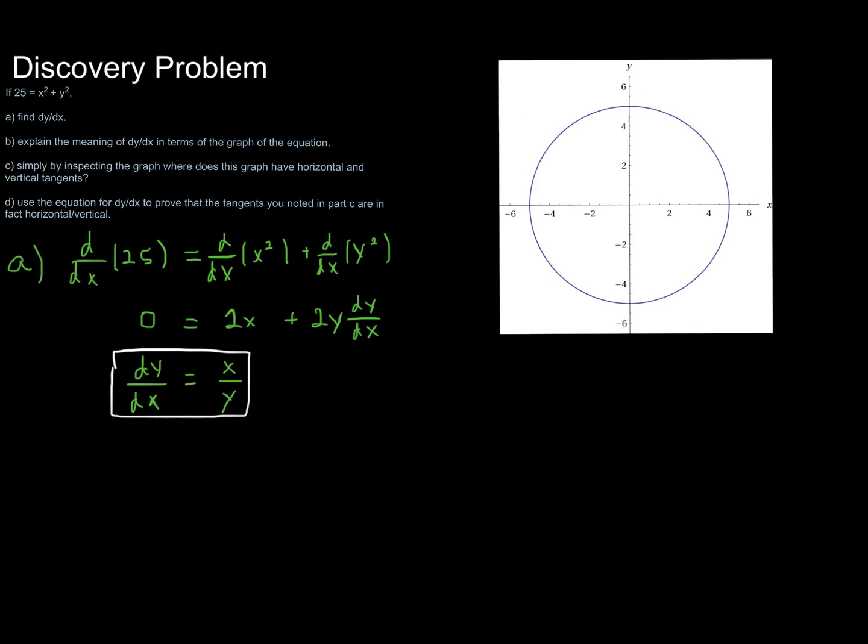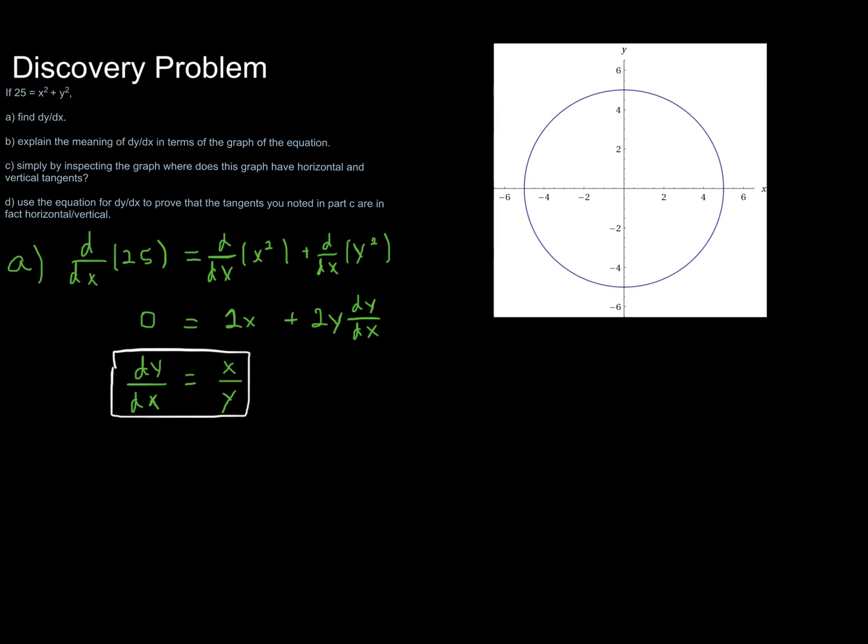But this is just a circle of radius 5, which is what I get when I pick all the x and y values that satisfy this equation here. And if I were to pick any point x comma y around my circle, then dy dx evaluated at this point will give me the instantaneous slope, or the instantaneous rate of change, or in other words, the slope of the tangent at that point.